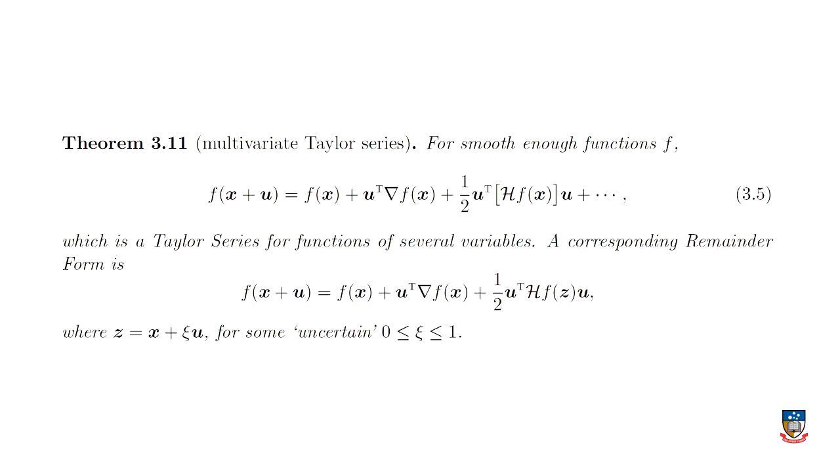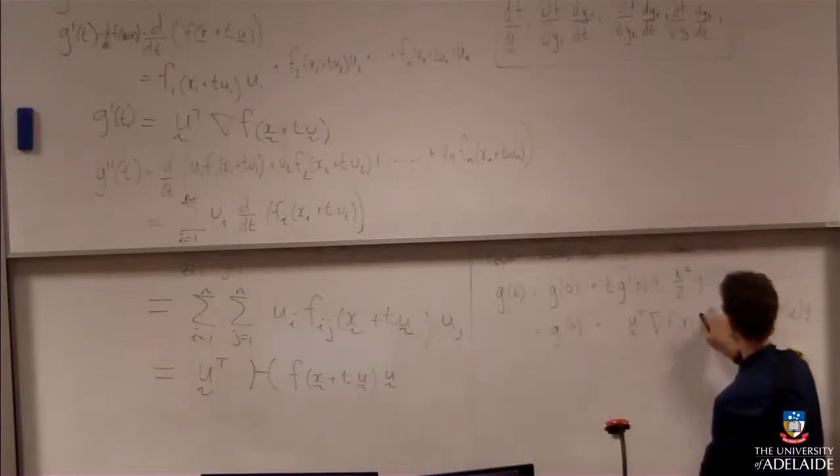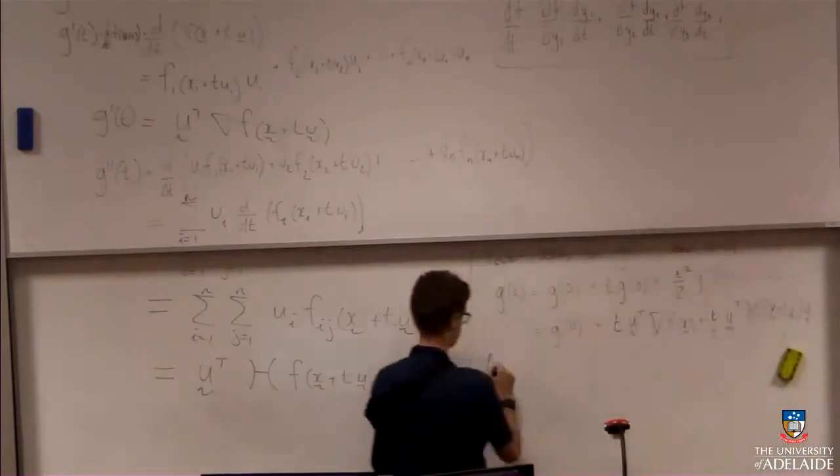Now, there's one thing that I've missed here. Why did these t's disappear? I need one more line here at t equals 1.